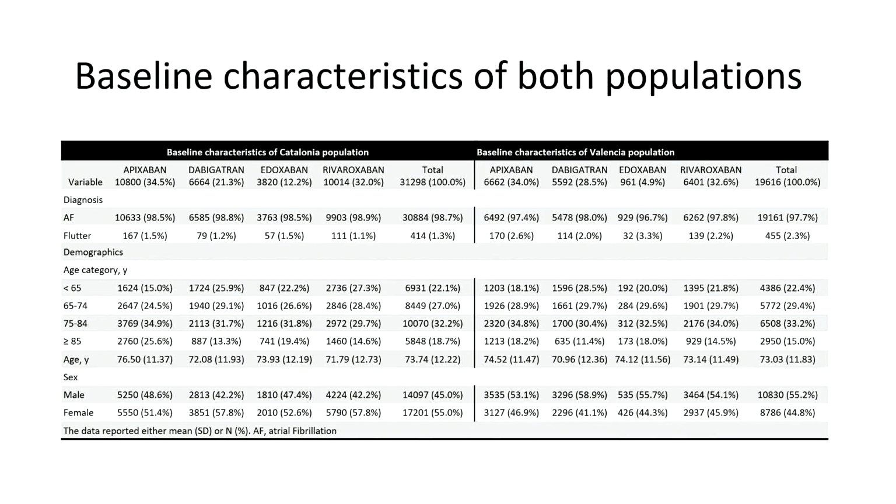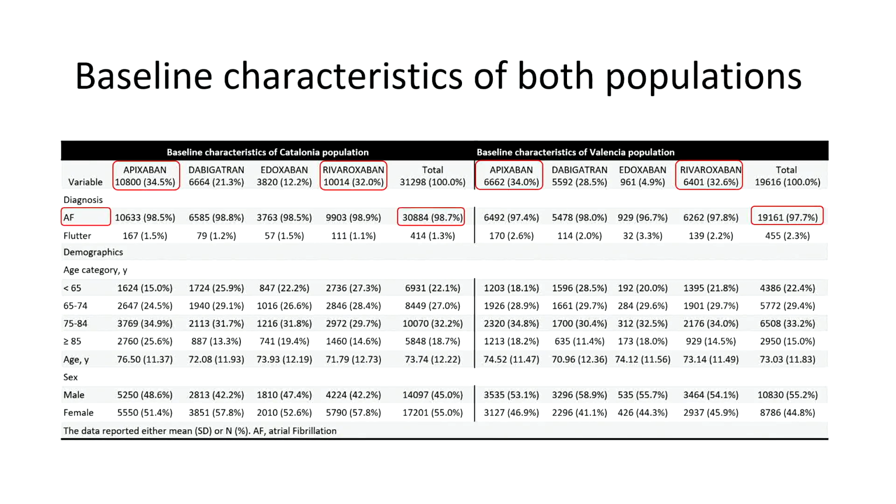The study included 22,632 and 19,616 new users of DOAC with atrial fibrillation during the study period in Catalonia and the region of Valencia, respectively. Overall, in both cohorts, the most used DOACs are apixaban and rivaroxaban. Atrial fibrillation is the most common diagnosis in both populations.